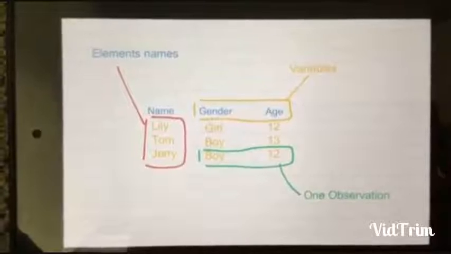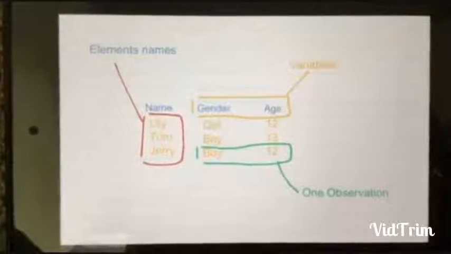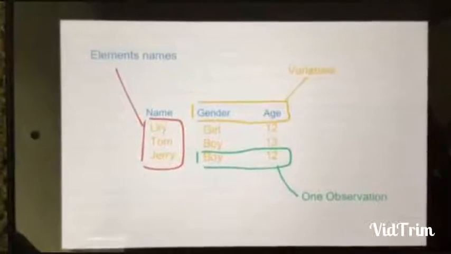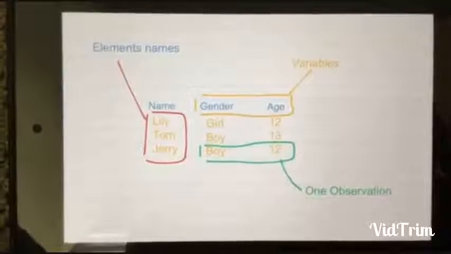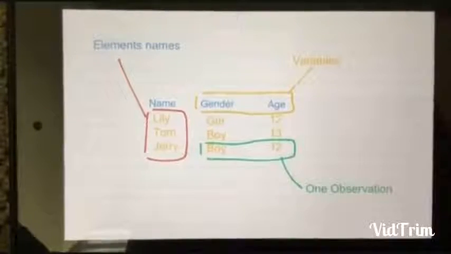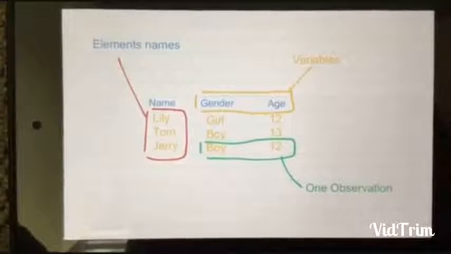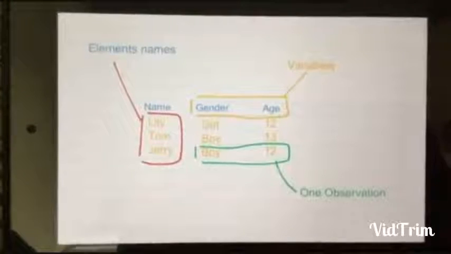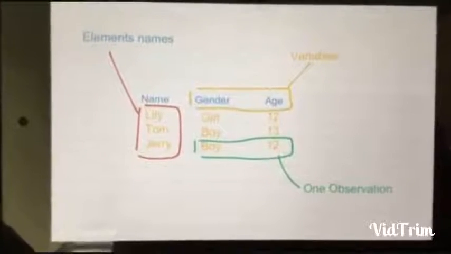And here, Lily, Tom, Jerry, these 3 names are elements' names, and gender, age is their variables. And like Jerry is a boy and his age is 12. This boy 12 is one observation of them.